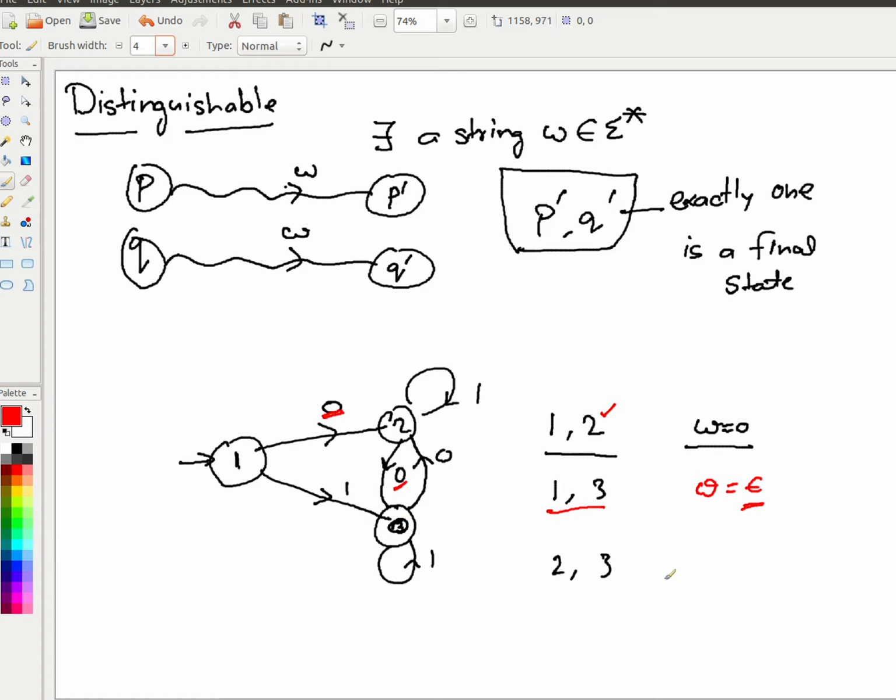What about 2 3? The same thing, w equals epsilon. So whenever you get a P and Q such that one of them is final and the other one is non-final, by default it is a distinguishable pair. Why? Because with epsilon you can prove it. Now, is it clear to everyone?